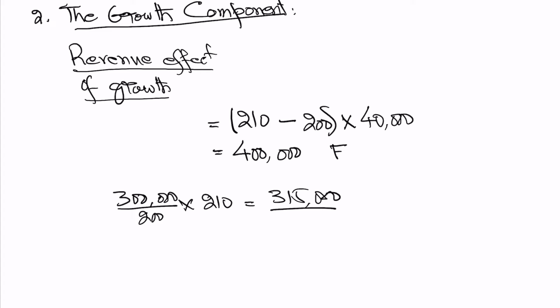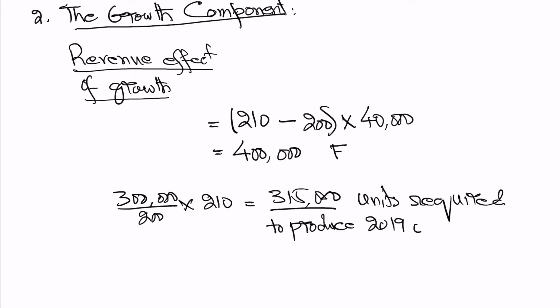That is what we call the units required to produce 2019 output in 2018. So we have to make the same proportion.